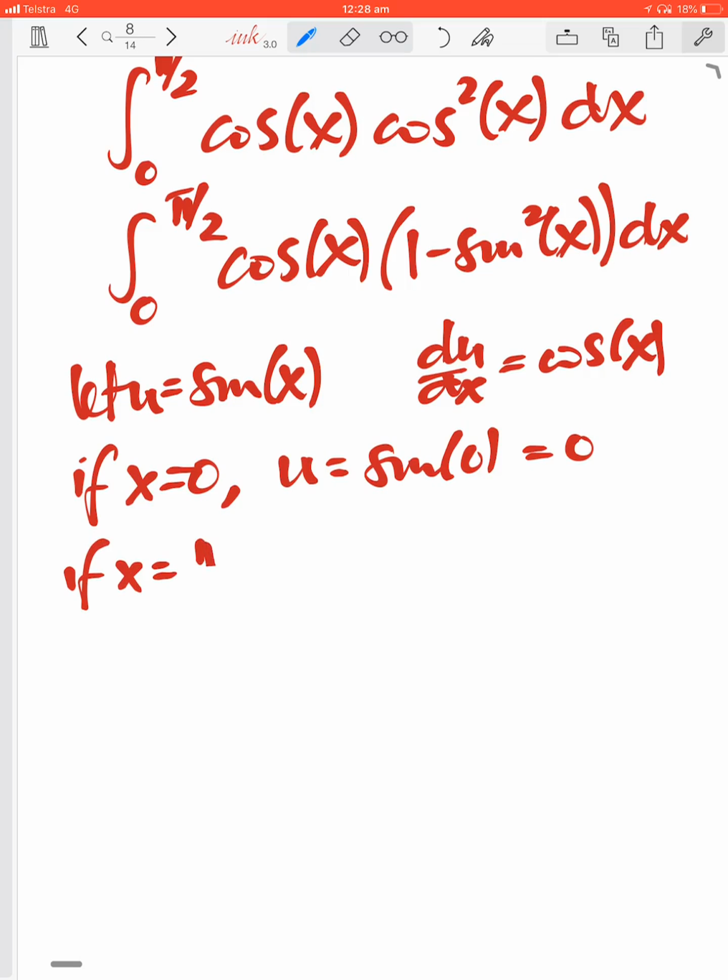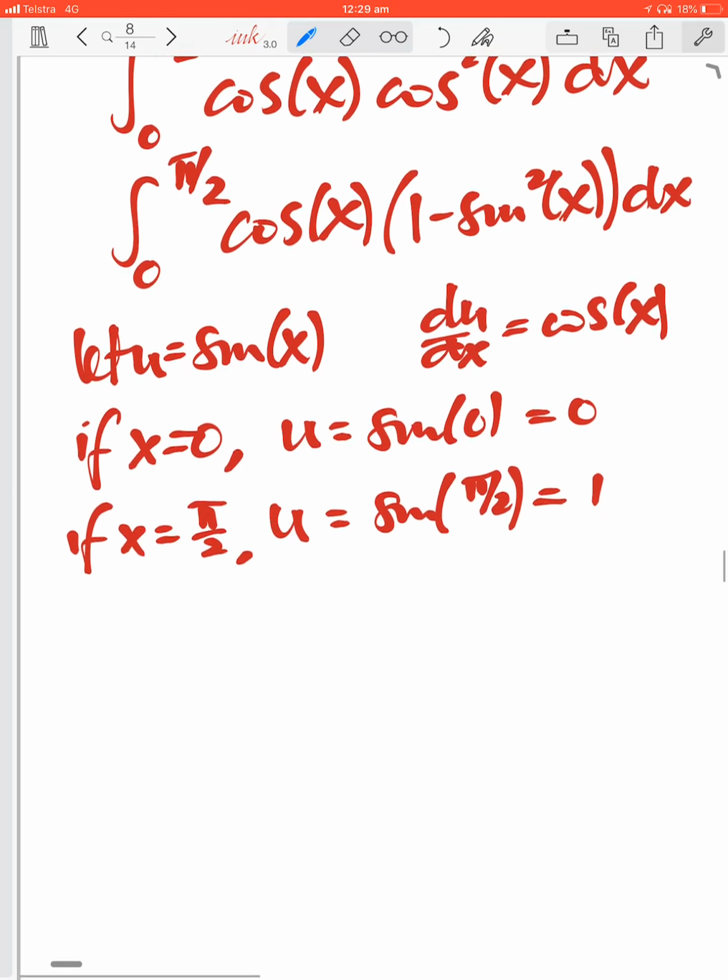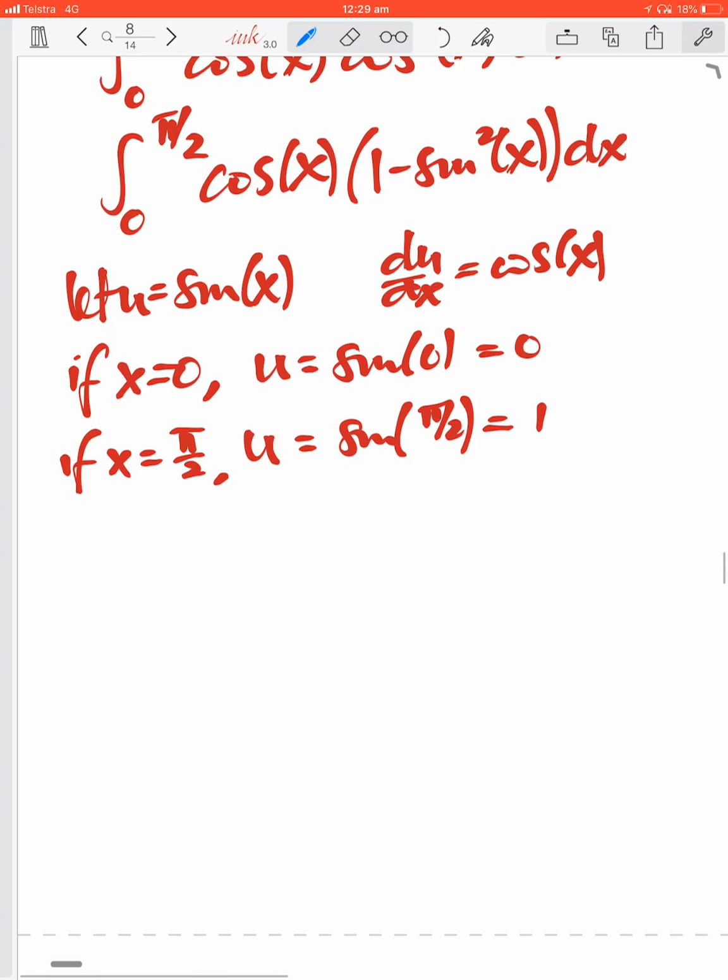If x equals pi on 2, u equals sine of pi on 2, which is 1. So when we make this substitution, we know our terminals are 0 to 1. You always keep the bottom terminal as the bottom terminal and the top terminal as the top terminal. Even if they become negative or whatever, you keep them exactly in the same order.